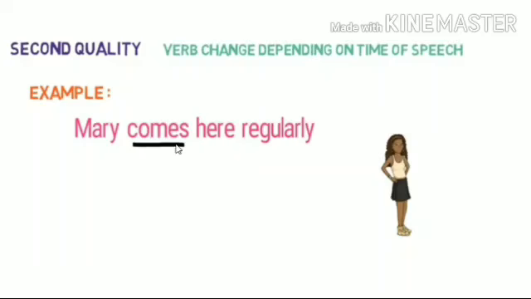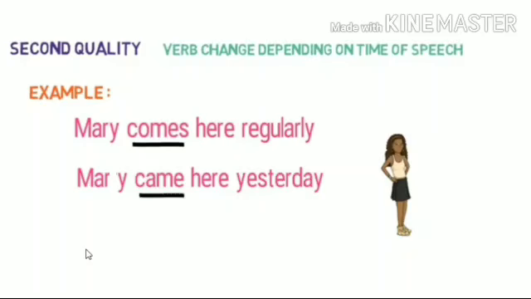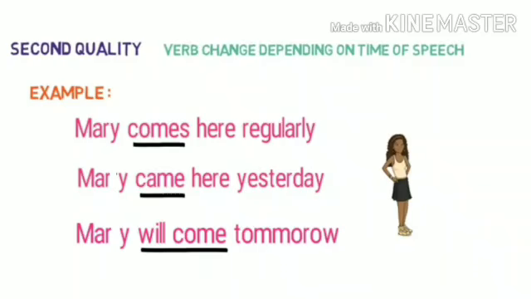Now see the past event. Mary came here yesterday. Here, came is the verb, and we are talking about the past event, that she came yesterday. Now let's look at the future event. Mary will come tomorrow.